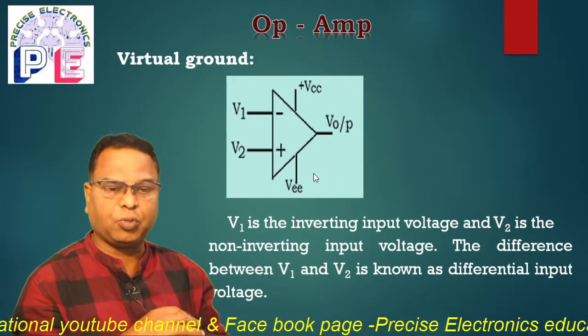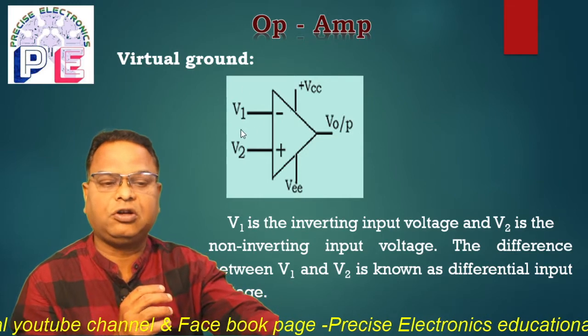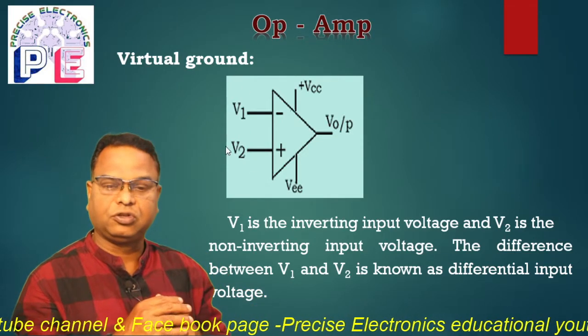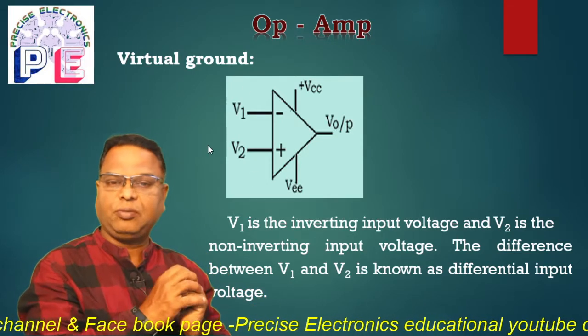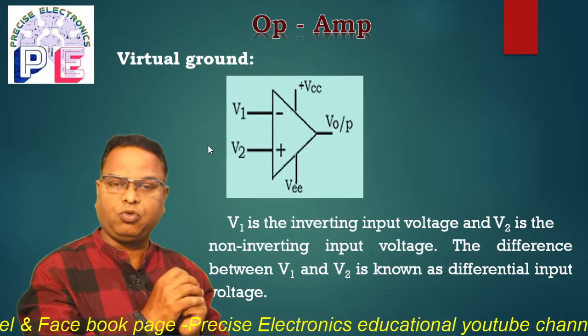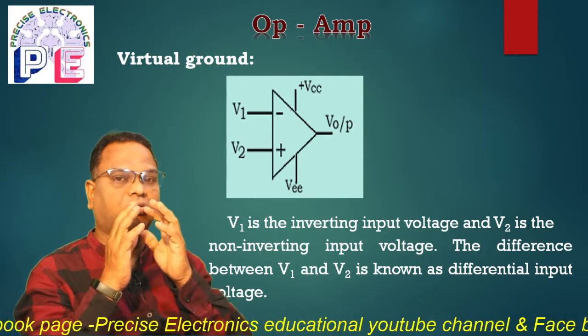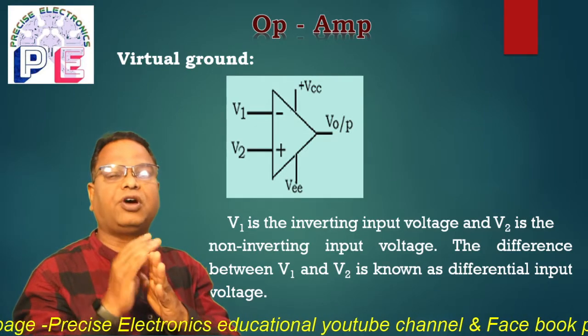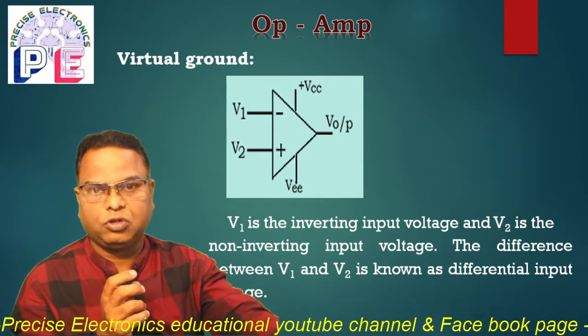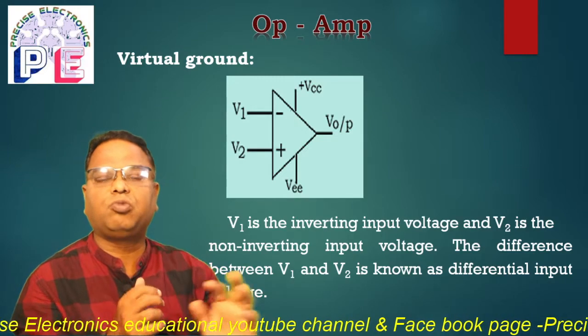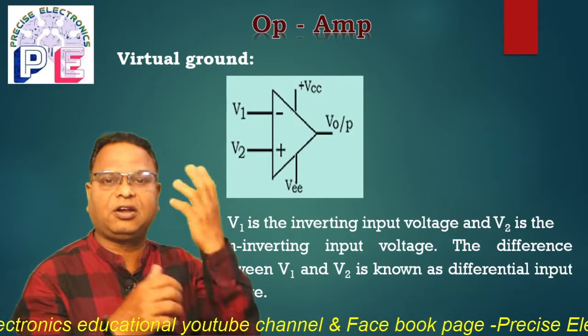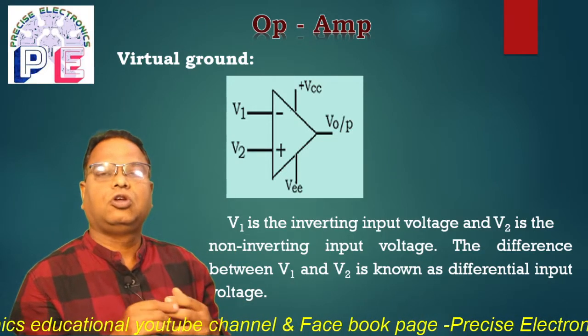V1 is the inverting input potential while V2 is a non-inverting input potential. The difference between the input potentials, that is V1 and V2, is known as differential input voltage, because mostly op-amp works in a differential mode. The common mode inputs we mostly avoid.